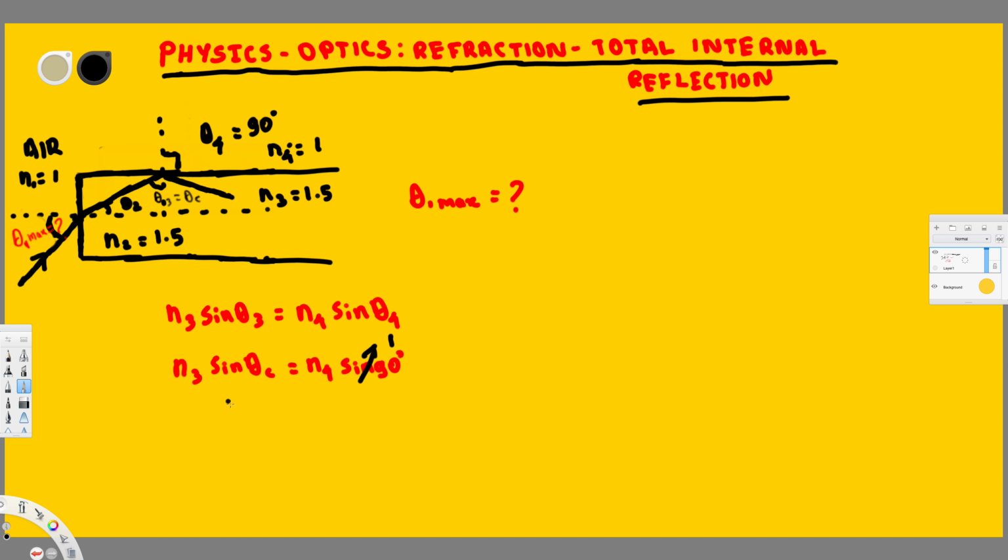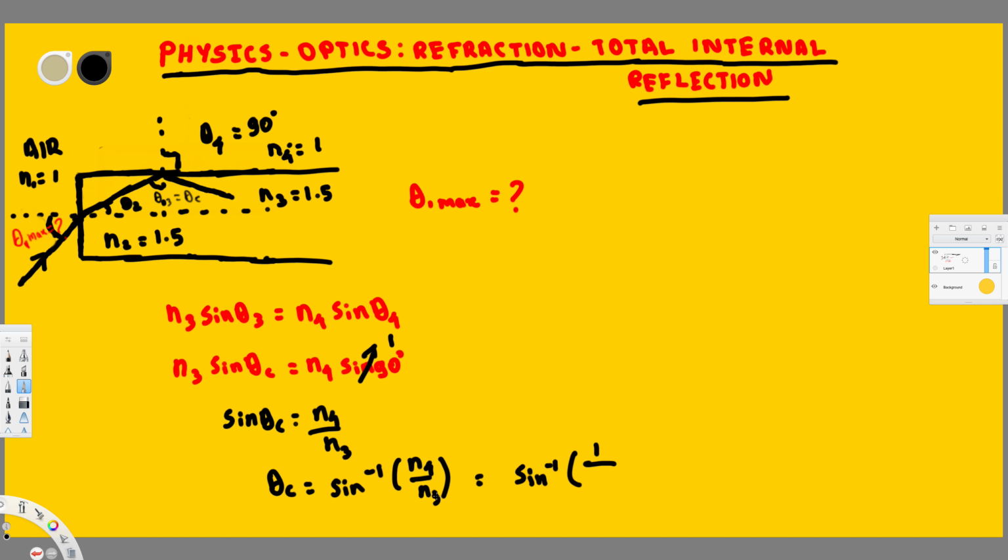So let's rearrange this equation. Sine theta c is equivalent to N4 over N3. Therefore theta c is equivalent to sine inverse N4 over N3. Now let's plug in the values. Sine inverse of N4, the index of refraction outside, which is 1, over the index of refraction inside the fiber optic cable, which is 1.5, and if you calculate this, you should get 41.8 degrees.